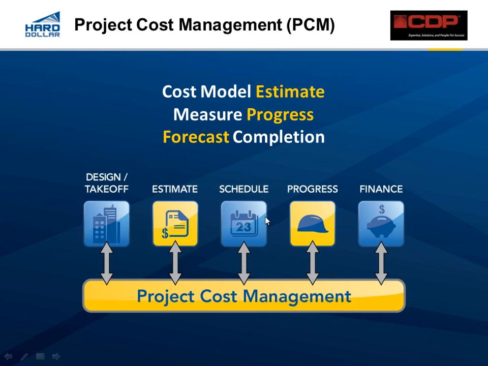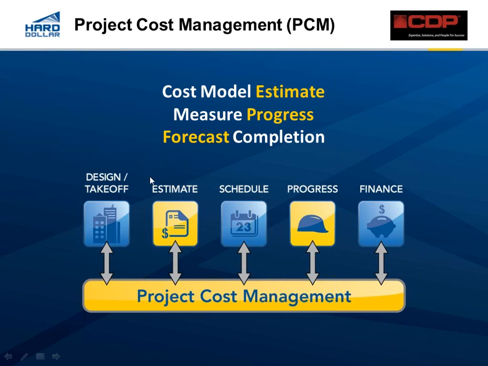At some point, you're developing a schedule for the project. As the project gets going, you're tracking progress and variances and forecasting and those sorts of things. And then ultimately, along the way, your financial system is sort of looking backwards and tracking what's happened, what have we spent, and so forth.